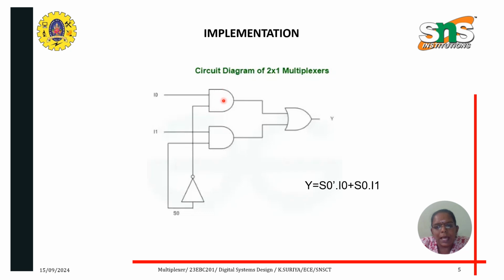The input to this AND gate is I0 and S0 bar, so the output of this is S0 bar into I0. And here the second AND gate input is I1 and S0, so the output is I1 into S0. And we are adding these two using an OR gate and we will be getting the output Y.